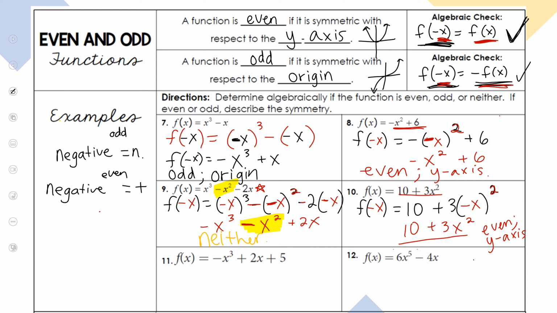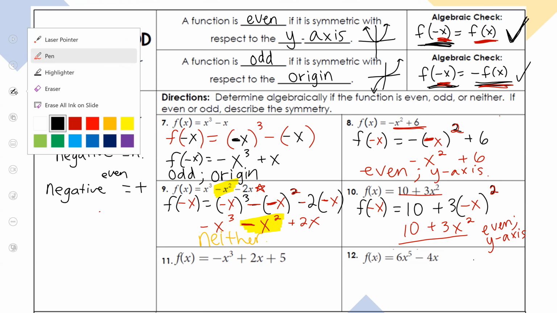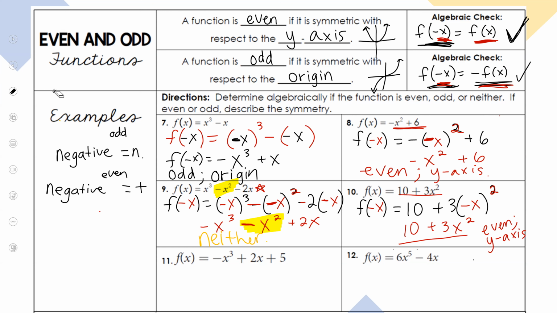Now, a mistake that I walked around and saw, not only in this class, but the last class, is people made this plus sign a minus sign.